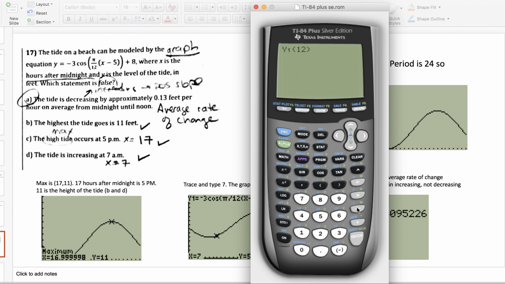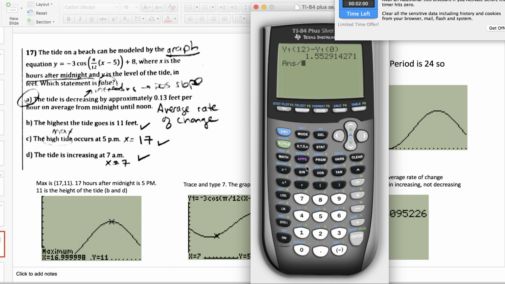So I'm going to do y1 of 12 minus y1 of 0. That's my numerator. And I'm going to divide it by 12 minus 0, or just 12. That's my denominator.